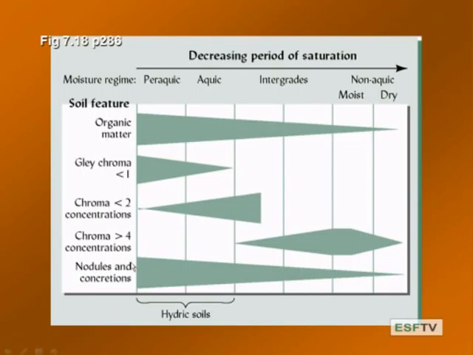If you see a lot of these nodules and concretions, you get them in hydric, poorly drained conditions. So these are some of the indicators. A lot of organic matter is an indicator. Why? Organic matter builds up and doesn't decompose in the absence of oxygen. So a high concentration of organic matter gives us an organic soil, which gives us a hydric soil. It's an indicator.